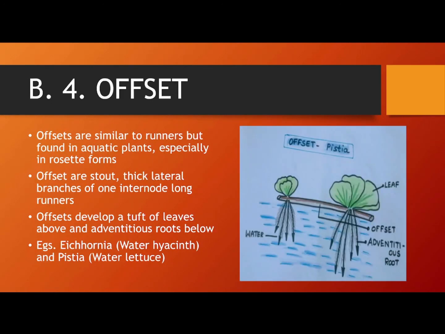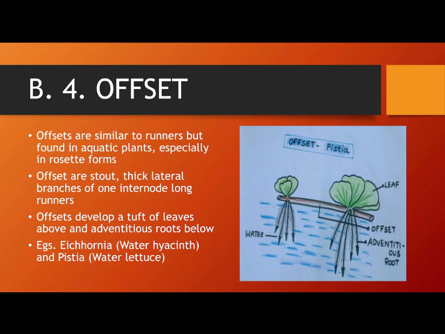Offset. Offsets are also similar to runners, but you can find offsets in aquatic plants, especially those plants which produce a rosette of leaves. You will find a cluster of leaves in some aquatic plants, that is, aquatically floating hydrophytes.